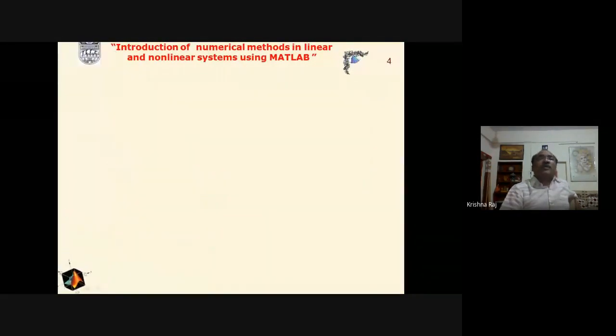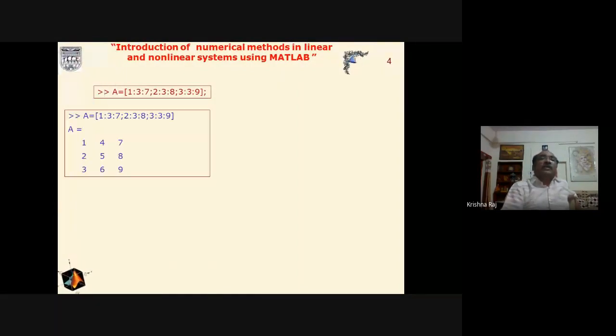Now we are coming to the problem which was raised by the student, that is A is given as 1 3 7, 2 3 8, 3 3 9, and it means this is a 3 cross 3 matrix. When we write it in the command window, it will be represented in this manner. That is the 3 cross 3 matrix here.